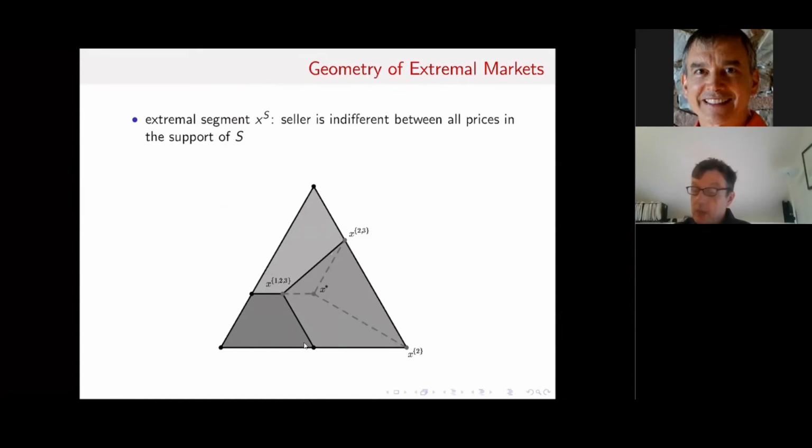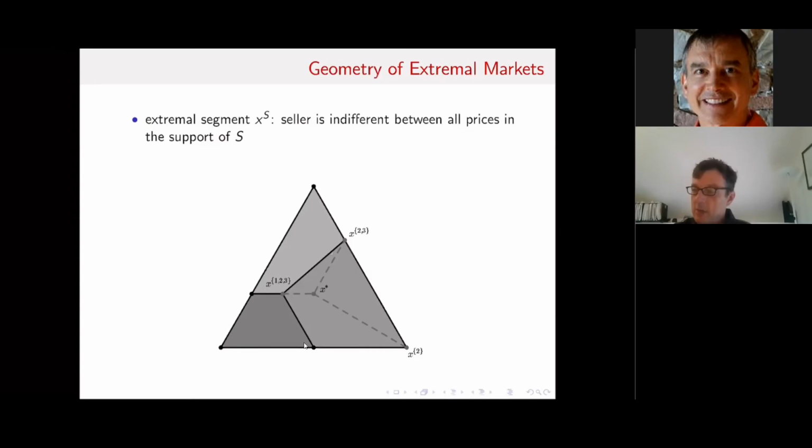Good. So we are back at our picture of the probability simplex, or the market simplex. What I plotted for you here are the 3 extremal markets that just came up in this example: x1,2,3, x2,3, and x2.